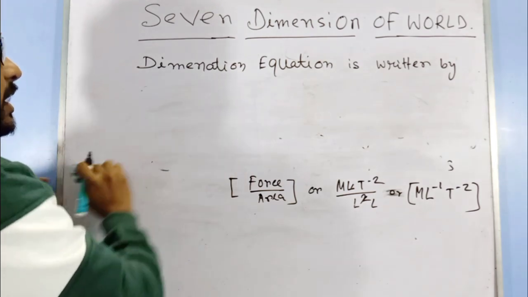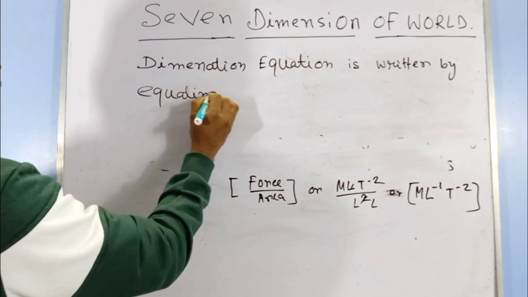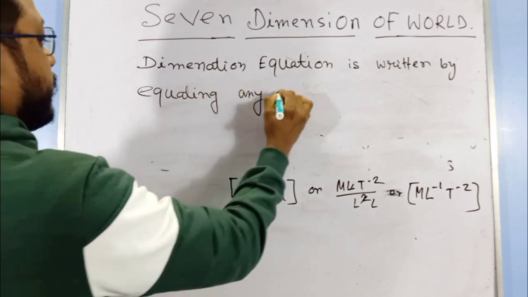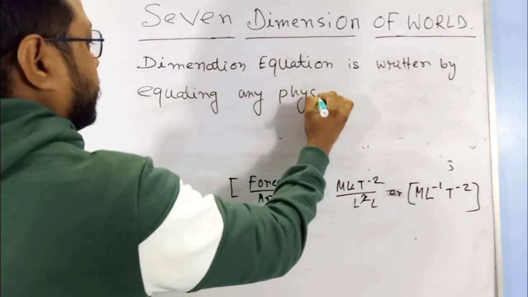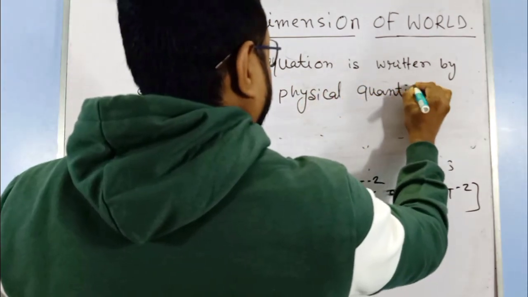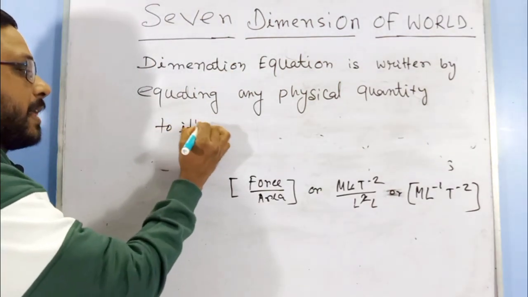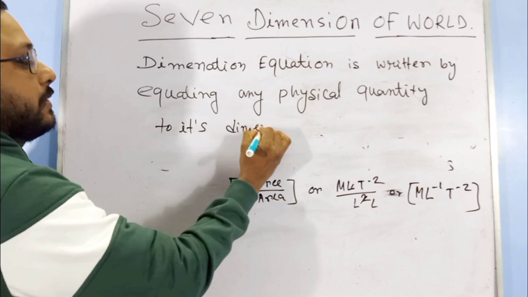Dimensional formula is written by equating any physical quantity to its dimensional formula.